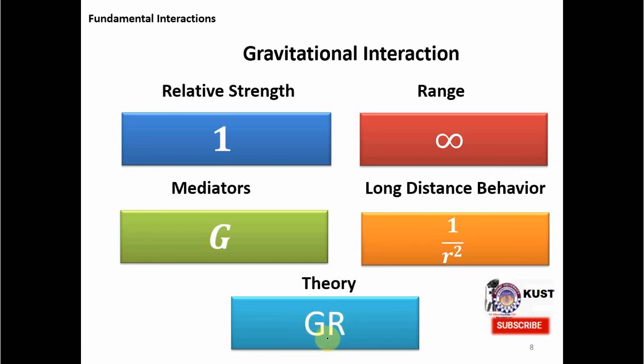Unfortunately, the quantum version of general relativity is still not known or experimentally verified, although there are candidates for it. So we know that general relativity explains, at least classically, the gravitational force.